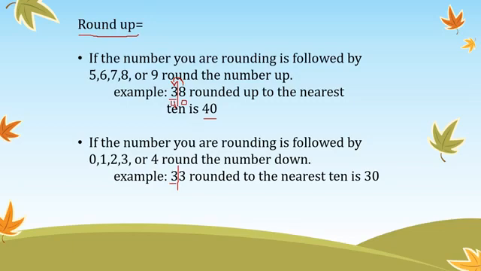So we look at the number that we have afterwards, and we said if it's 0, 1, 2, 3, or 4, and in this case it's 3, we're going to leave it the way it is. We're not going to add anything to it. So that one will turn 3, and the next one will turn 0.